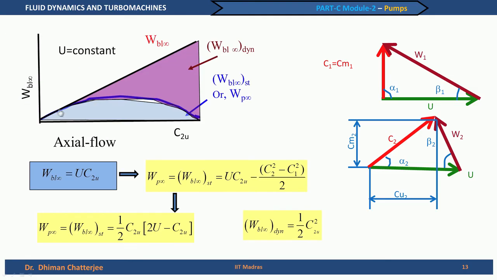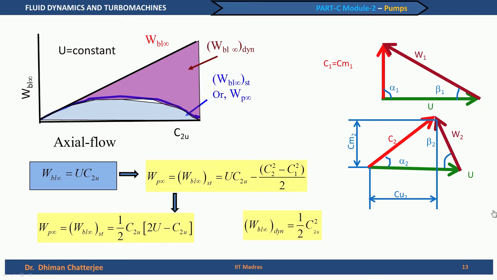So W b L infinity goes with C 2 u as linear, and this blue shaded region gives me the limit of W p infinity or the static pressure change. You can see that this area is 0 at C 2 u equal to 0 and C 2 u equal to 2 u, which is the impulse case, and W b L infinity dynamic is maximum at this point, where C 2 u equal to twice u.